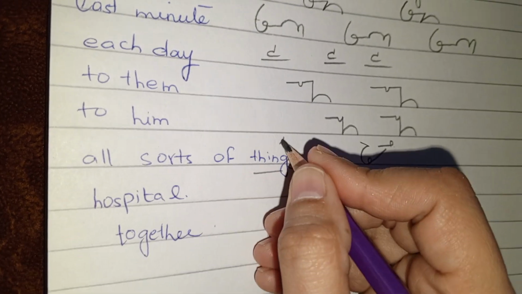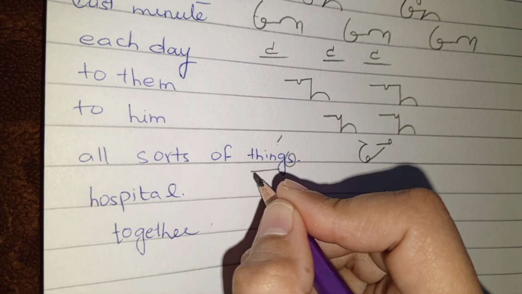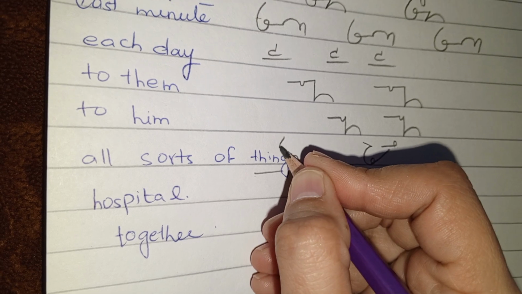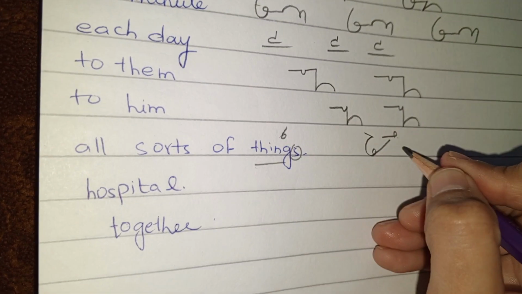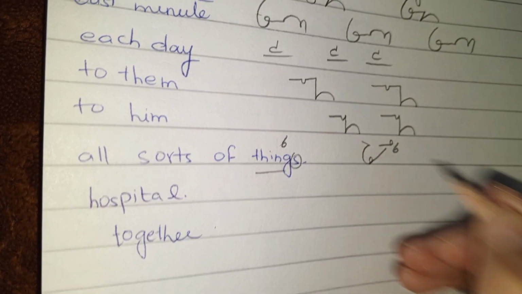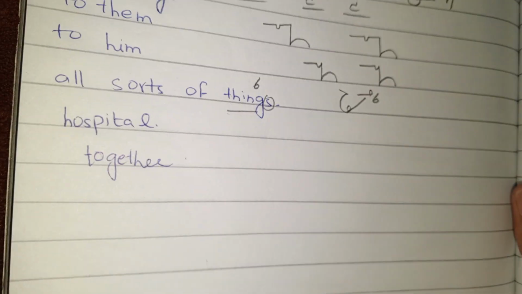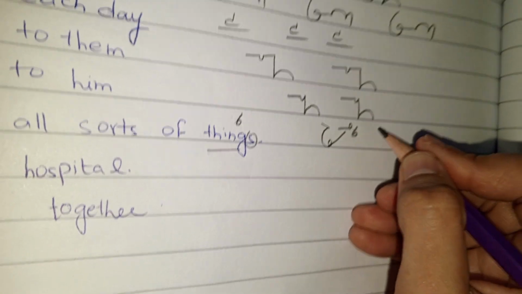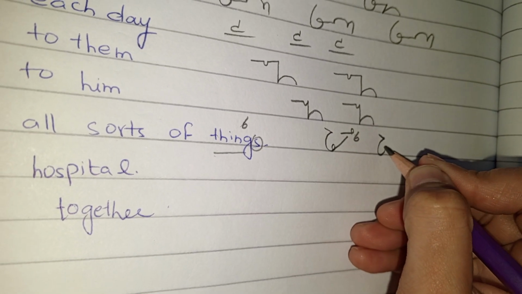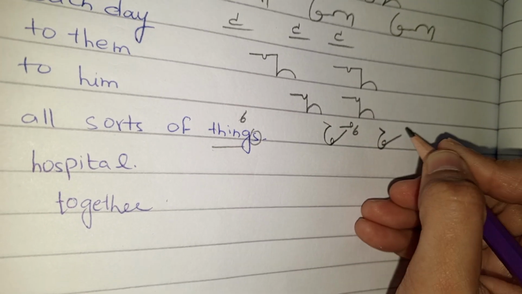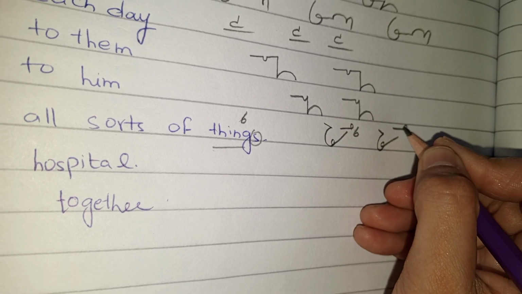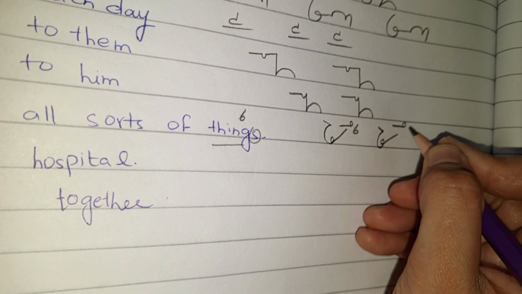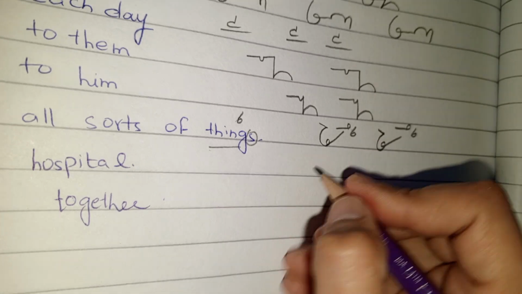For thing we use this line, and for things we add S in this outline. So here, the things. All sorts of things. ALSRTS, and for things line and S.